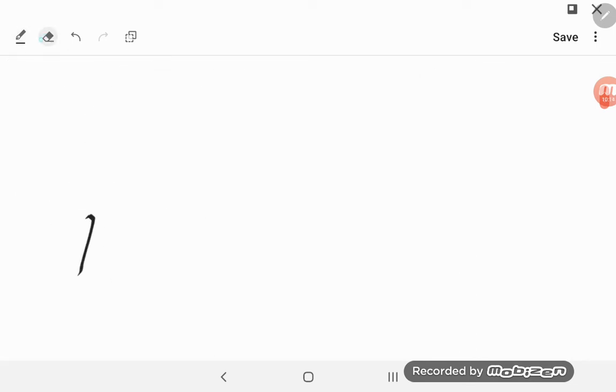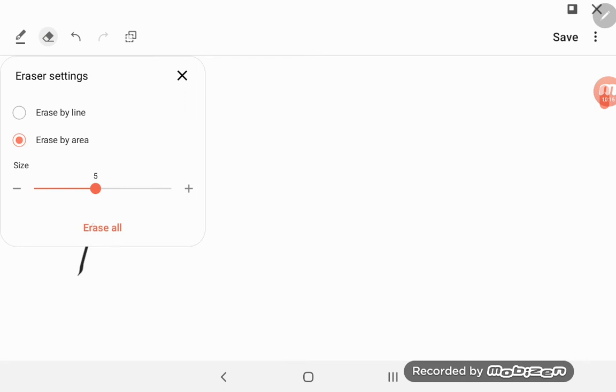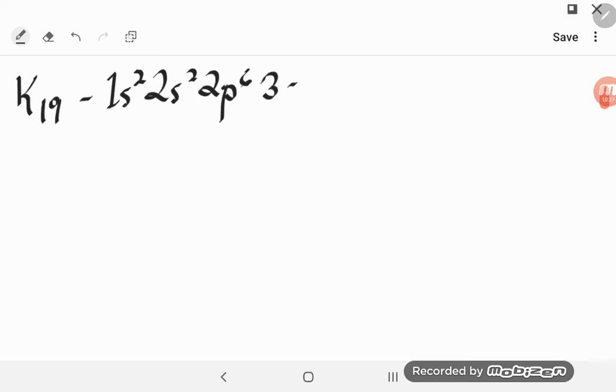So how do we draw the atomic structure of an element? Let's go back to potassium. 1s2, 2s2, 2p6, 3s2, 3p6, 4s1. So this is the atomic structure of the element potassium. Let's count first the energy levels in the element.